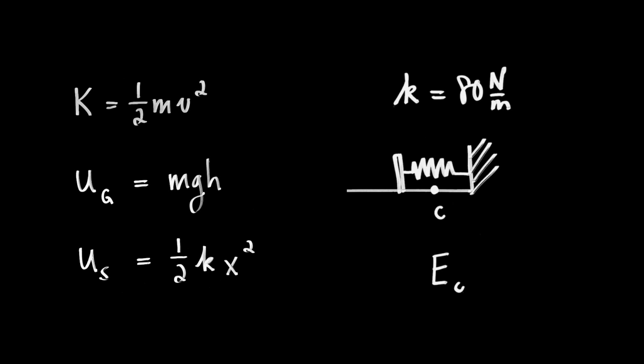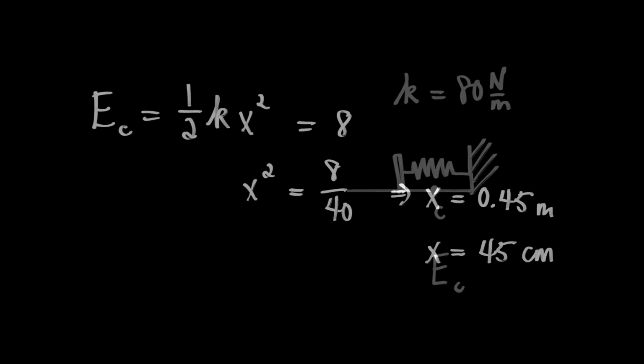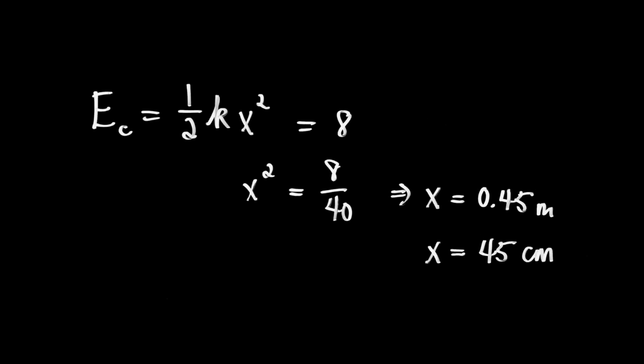Does it have spring energy? Yes. Finally, spring energy comes into the problem because the spring has been compressed. And so, this 8 joules of energy is equal to the energy at C, which is spring energy exclusively. So 1/2 k x squared is equal to 8. I know the spring constant is 80.